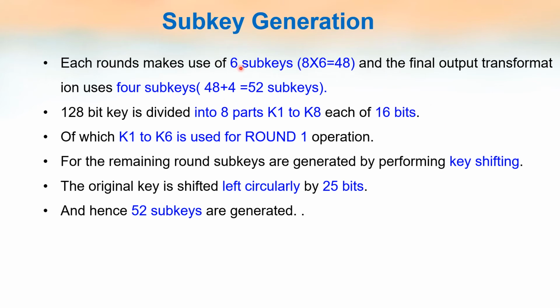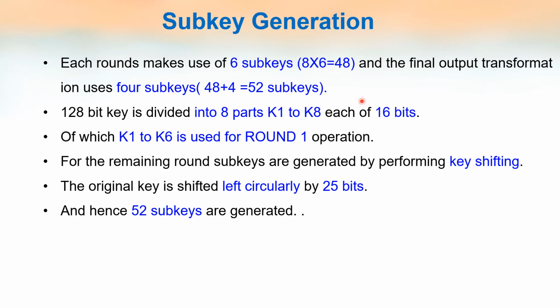Each round makes use of 6 subkeys, and with 8 rounds, 8 times 6 are 48 subkeys. The final output transformation round uses 4 subkeys. So in total, 48 plus 4, 52 subkeys are required. These 52 subkeys have to be generated from the main 128-bit key.